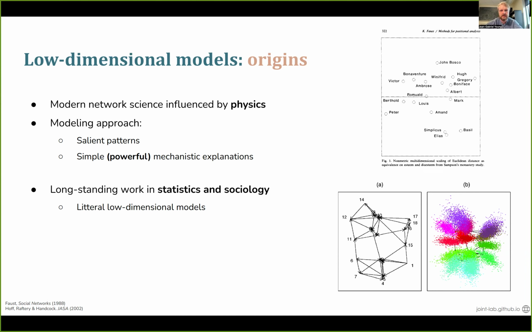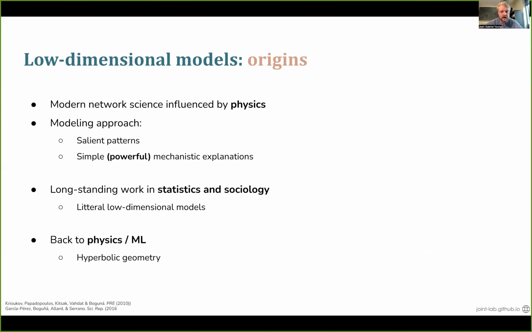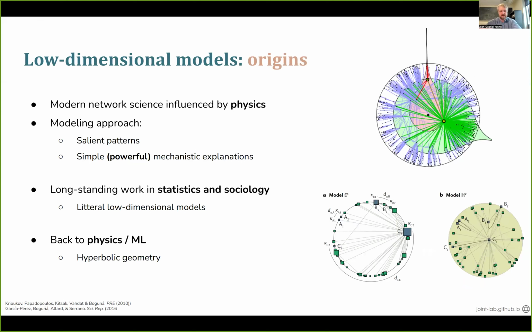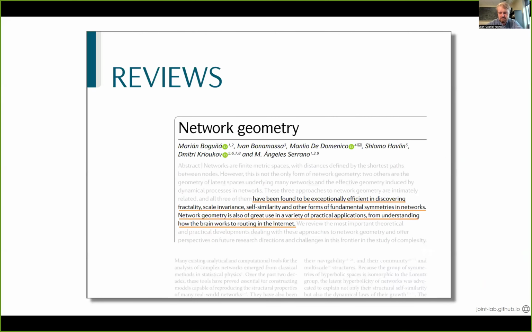That's closer to the ideas of machine learning embeddings we have today. And these ideas were taken up again by physicists and machine learning folks in the mid-2000s and 2010s, with these hyperbolic models, where again we have a few explanatory variables, but the geometry is weird and lets us do fun things.